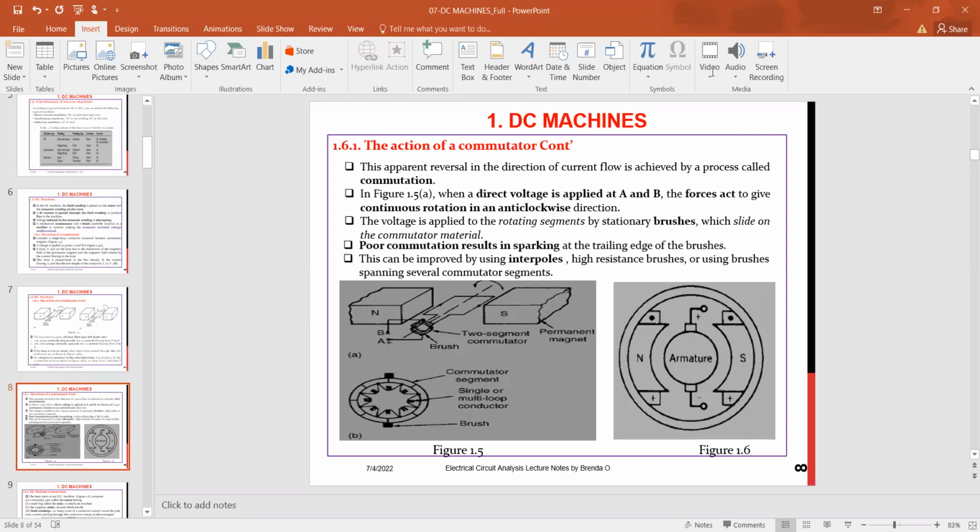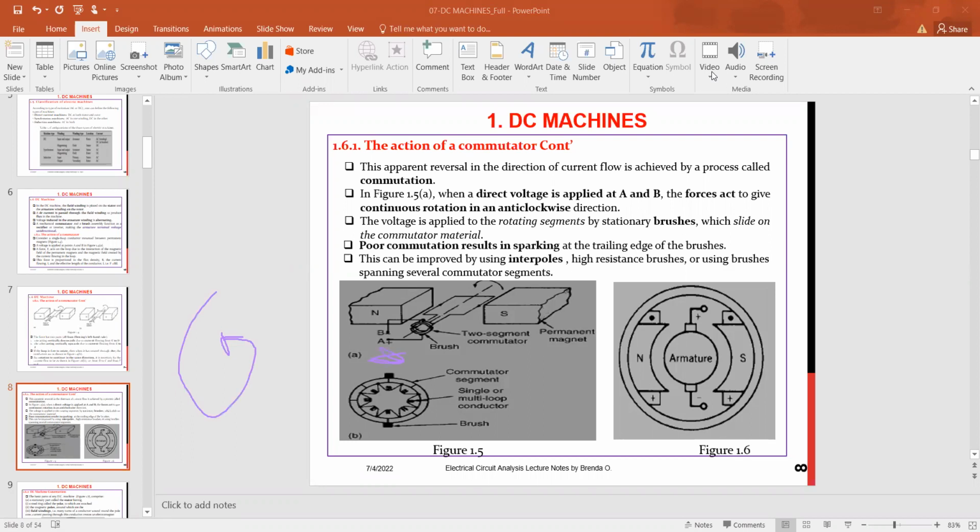So in our figures, we have a different figure here, figure 1.5. When a direct voltage is applied through points A and B, the forces act to give a continuous rotation in an anti-clockwise direction. The voltage is applied to the rotating segments by stationary brushes.